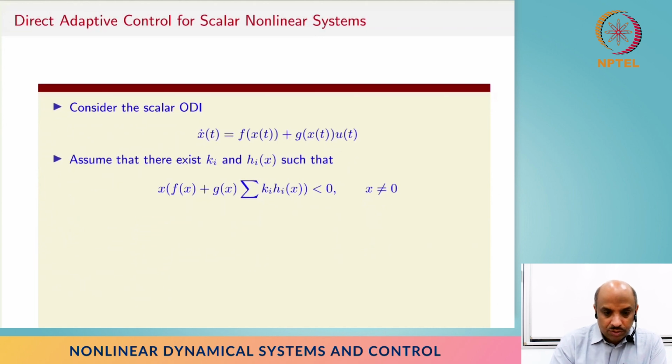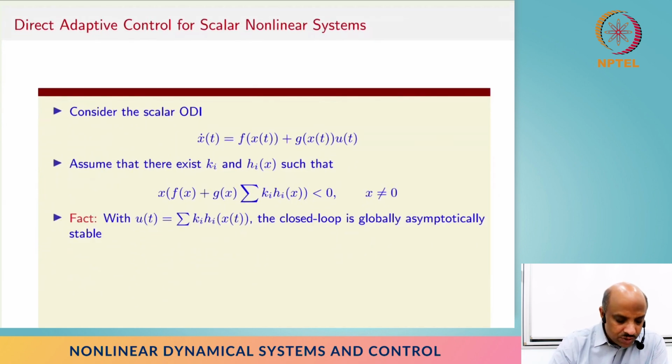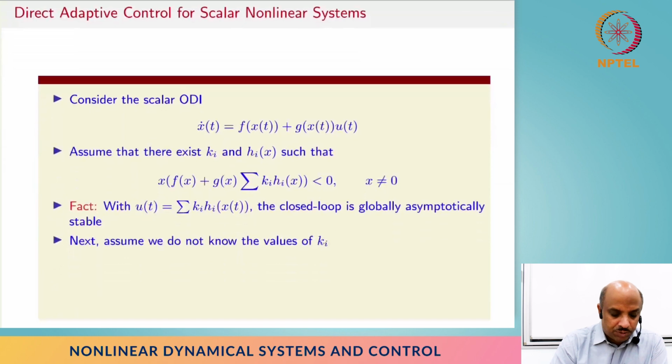In direct adaptive control, we are not interested in actually trying to estimate the functions f and g of the system accurately. Instead, if we know somehow to control through some parametric representation like here, then I can estimate the parameters and get away with developing those update laws and then showing stability, right? So what I'm going to show is, if this assumption is true, then with U equals the summation of this thing, the closed loop is asymptotically stable, and it's a trivial exercise using the Lyapunov function x square.